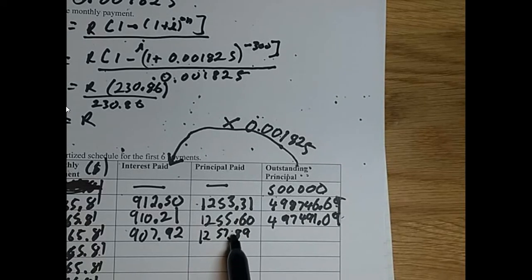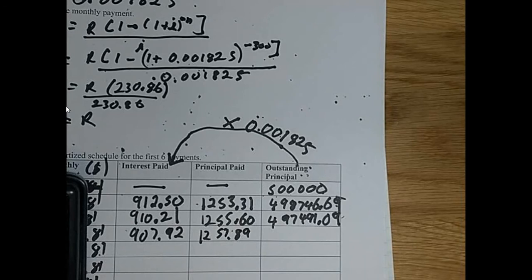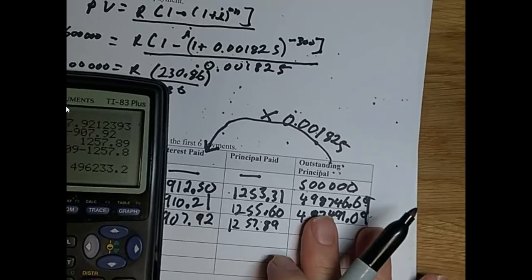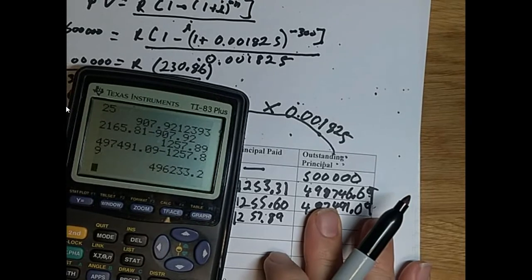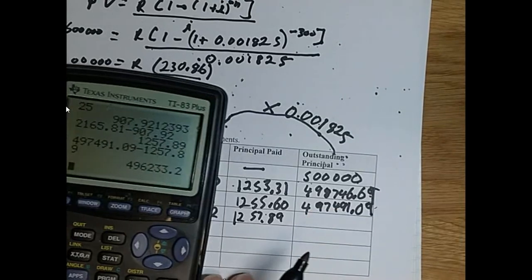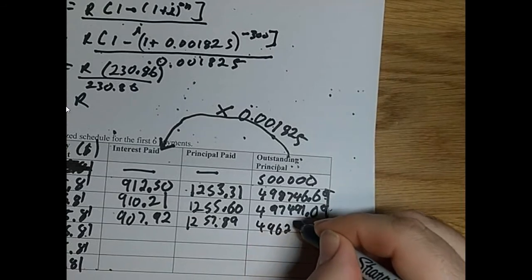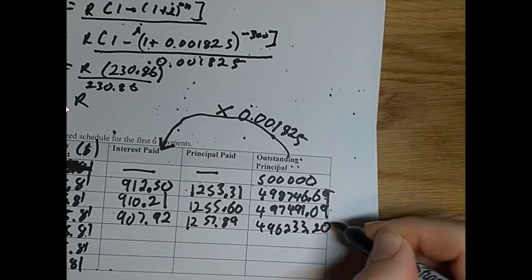So you get 497,491.09, subtract 1257.89. And you get the new number, 496,233.20, and you keep going.